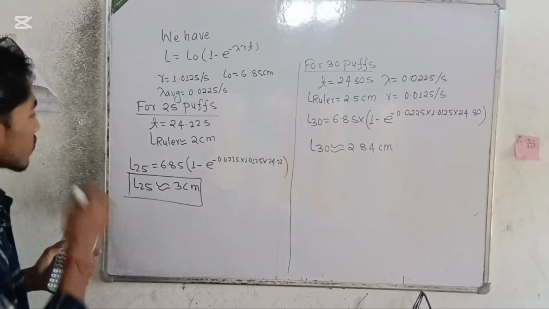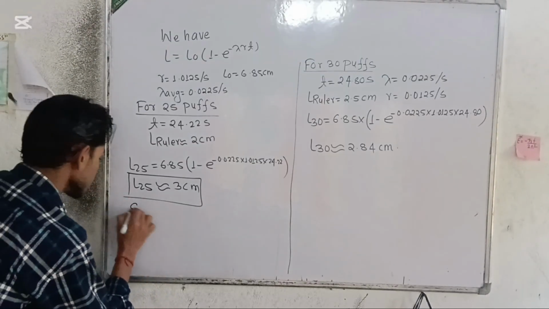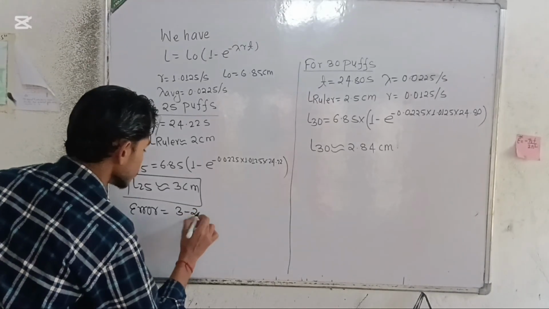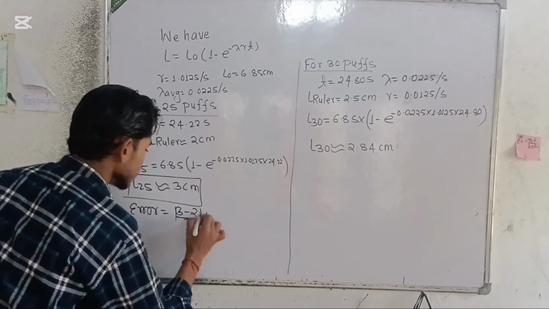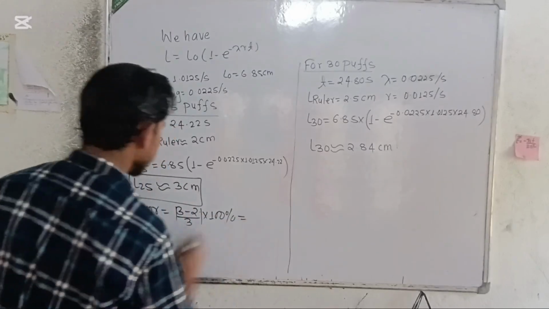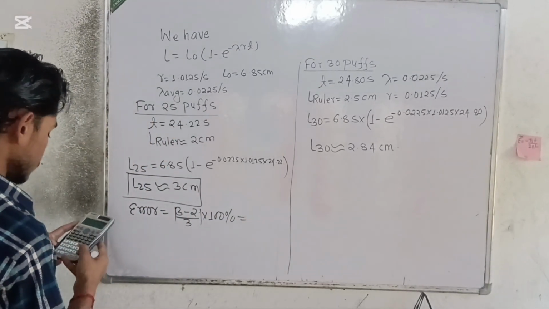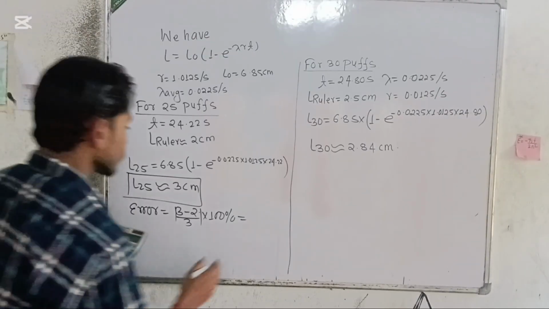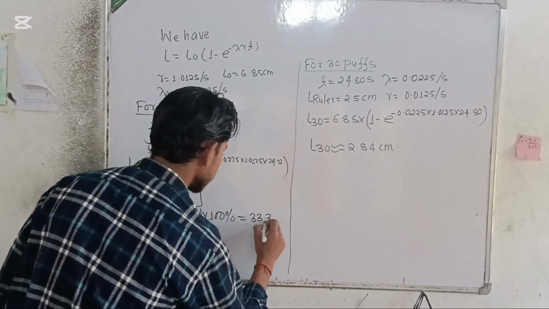So we are going to calculate the error. So error can be 3 minus 2 by 3 into 100%. So it is going to be 3 minus 2 divided by 3 into 100. So it is going to be 33.33% error.